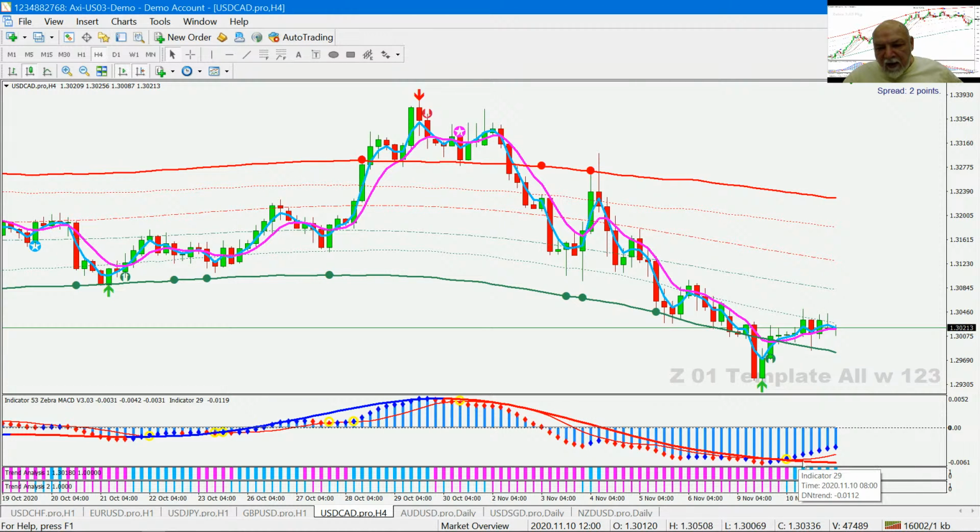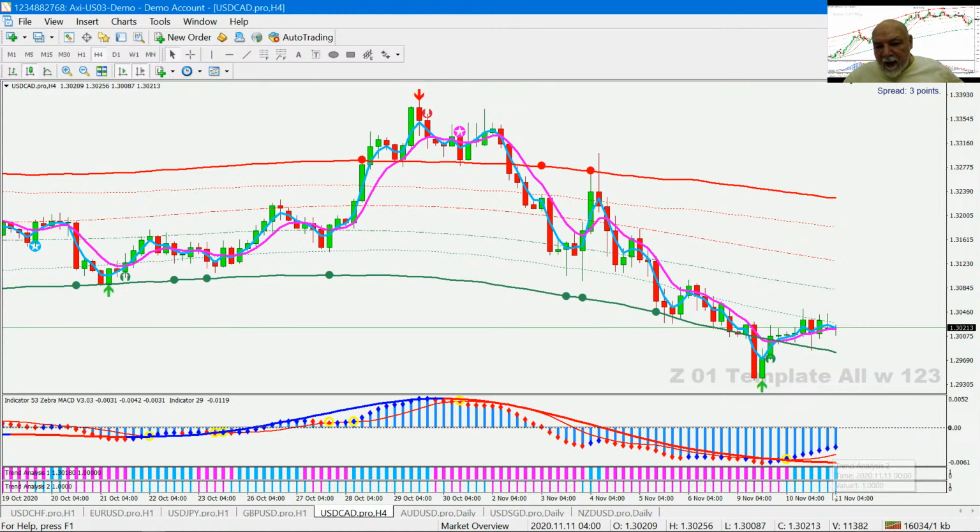However, the longer term trend is still indicating that there's strength to the downside. Now again, because it's longer term, it takes a little more time to change direction. But once it changes direction, it's got a lot of strength to it.